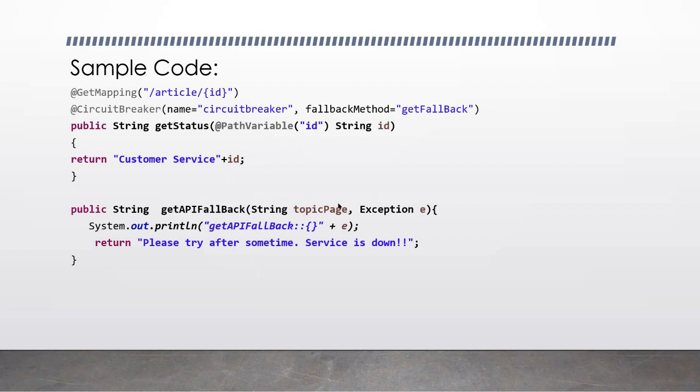This is a sample code. You can implement a circuit breaker class also. In an upcoming session I'll try to give a demo on this. Just for understanding, I'm giving you a quick code snippet so that it gives you some idea. So that's what I planned for today, and we'll catch you in the next video.